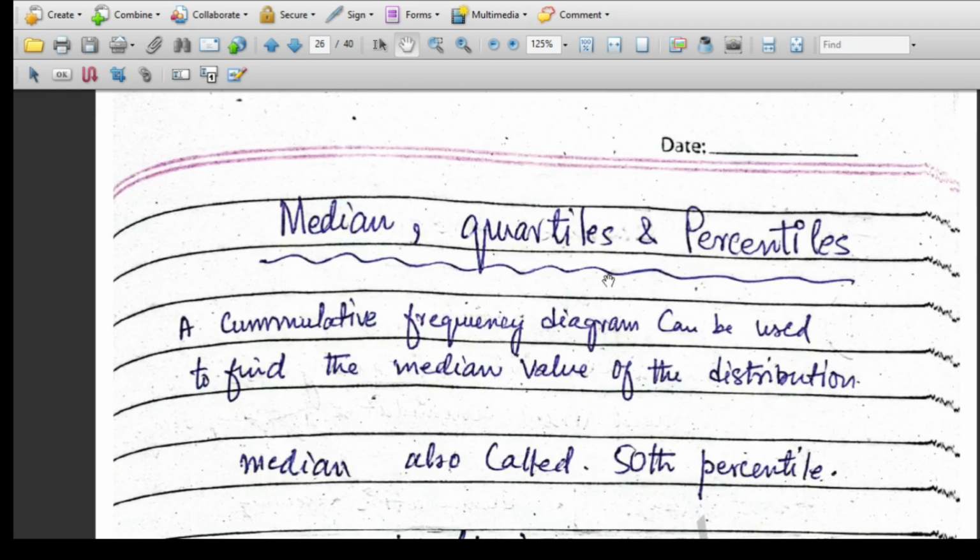In the next session we will discuss median, quartiles, and percentiles. In this session we will discuss median, quartile, and percentile. A cumulative frequency diagram can be used to find the median value of the distribution, and the median is also called the 50th percentile.